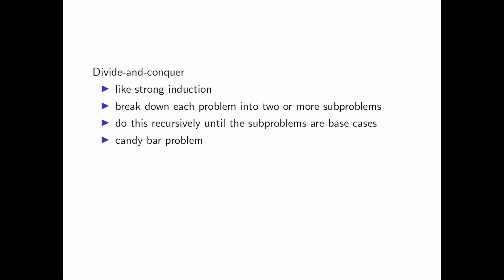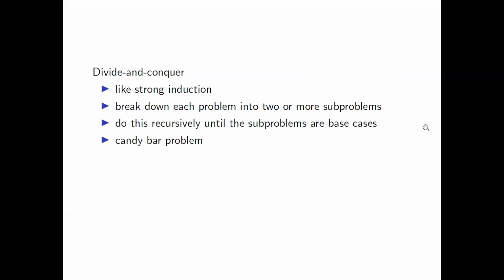So when we proved that, we used strong induction, and that strong induction proof required us to use all of the previous cases. So we didn't know exactly where our first break occurred. So any of the previous cases, smaller lengths of the candy bar, were required for the proof.